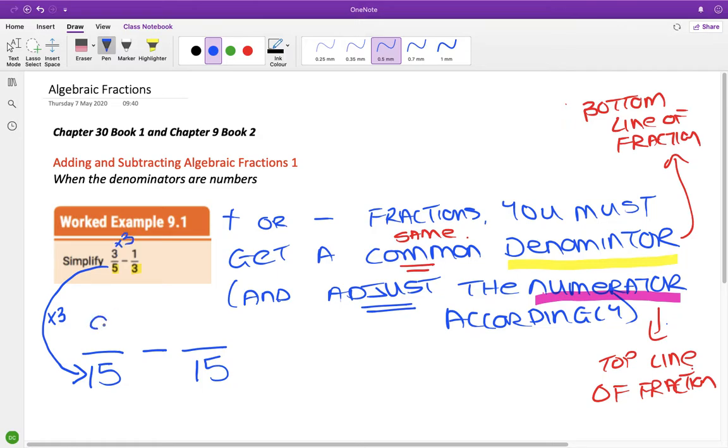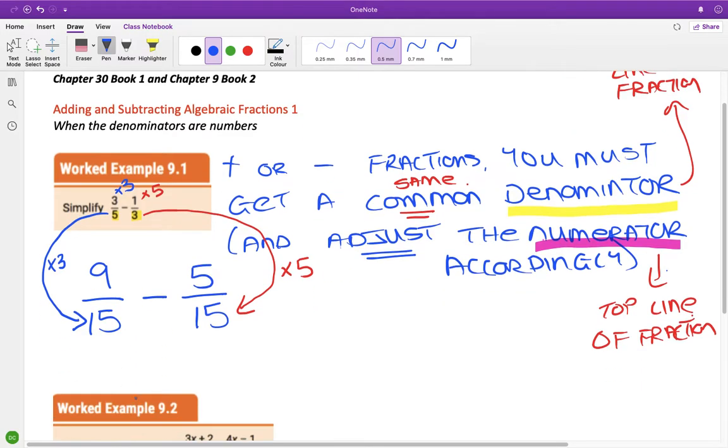And 3 times 3 is 9. Likewise, the denominator here is going from a 3 to a 15, so that's been multiplied by 5. You must make the same adjustment to the numerator, multiplying it by 5. And 1 times 5 is 5.